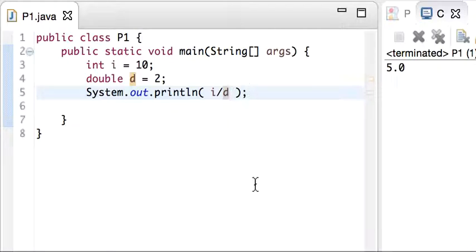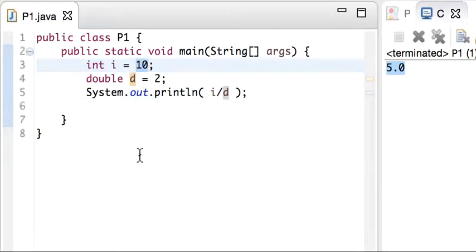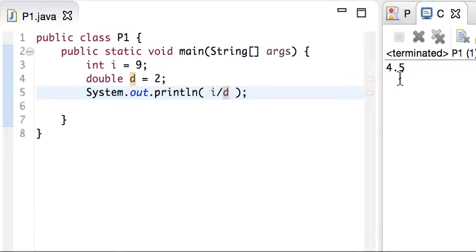The result is a double, so the result is 5.0. What if I say 9? If I run this, an integer divided by a double is a double, so I get 2.5.